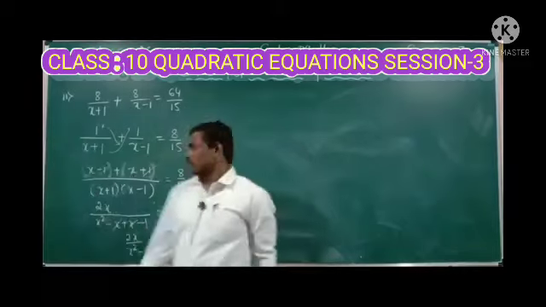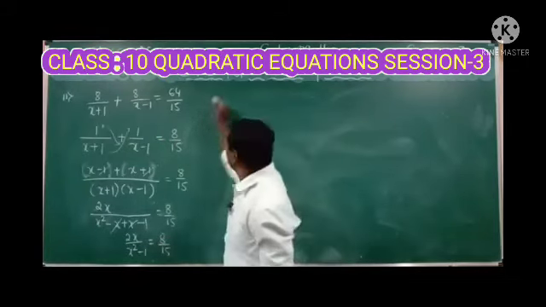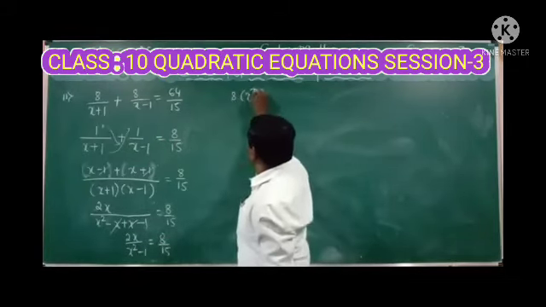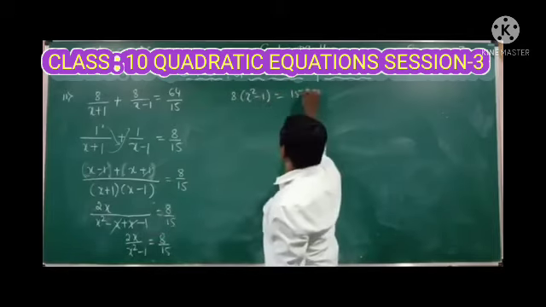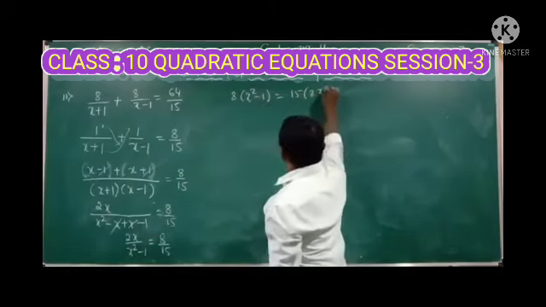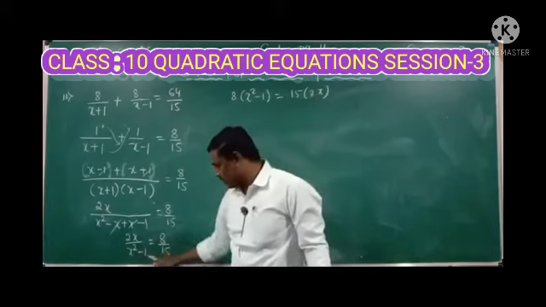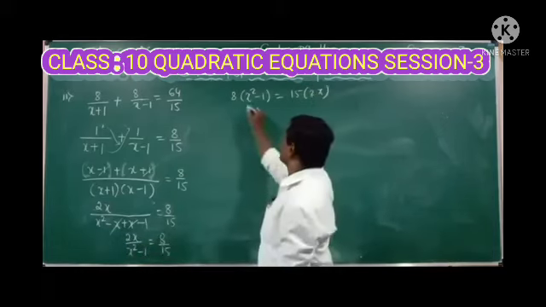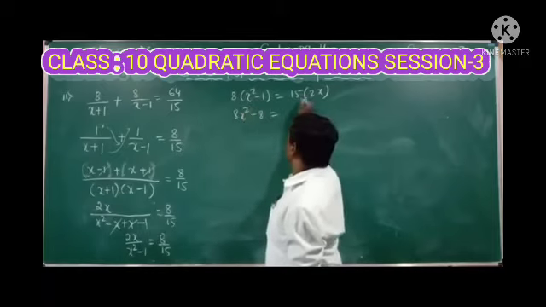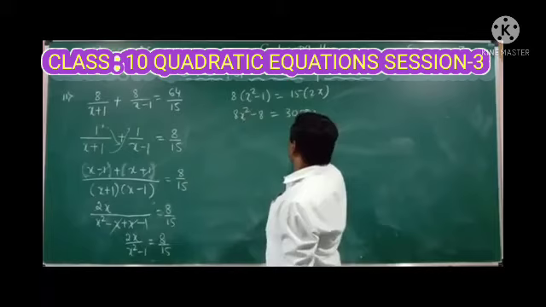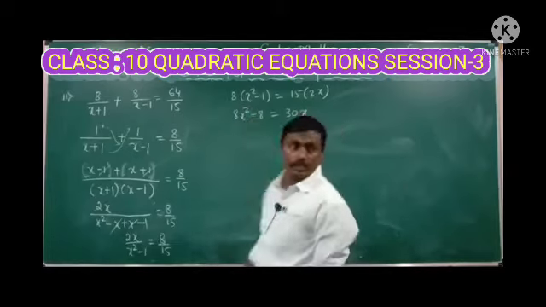Just cross multiply these two terms. 8 into x square minus 1 is equal to 15 into 2x. So 8 into x square, 8x square minus 8, is equal to 15 2s are 30x. Now 30x, take it to the LHS side.